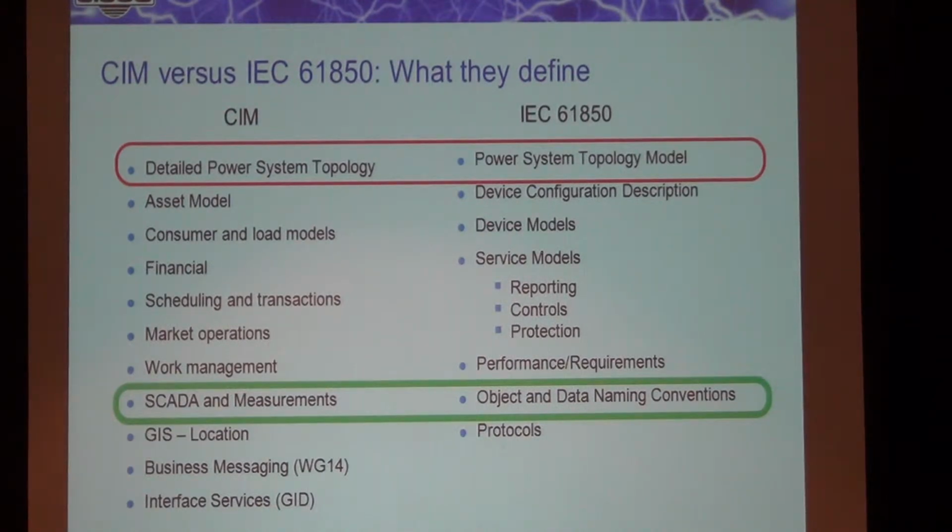SCADA and measurements, object and data naming conventions naturally fit together. But there's also some overlap that needs to be resolved if we're going to have bidirectional data flow between power system automation tools that are dealing with 61850 and modeling systems like EMS, et cetera, that are doing large-scale systems.